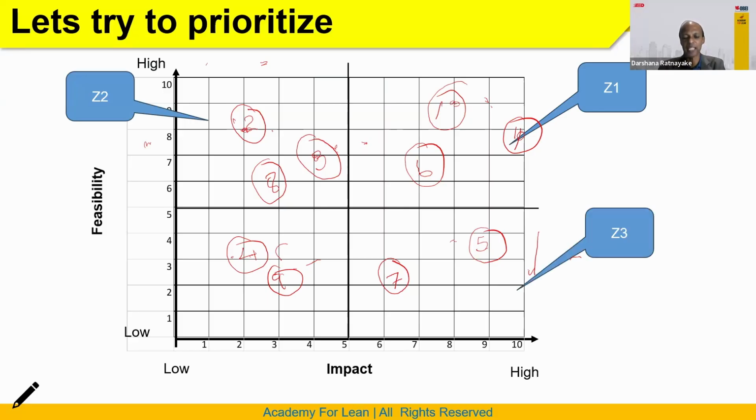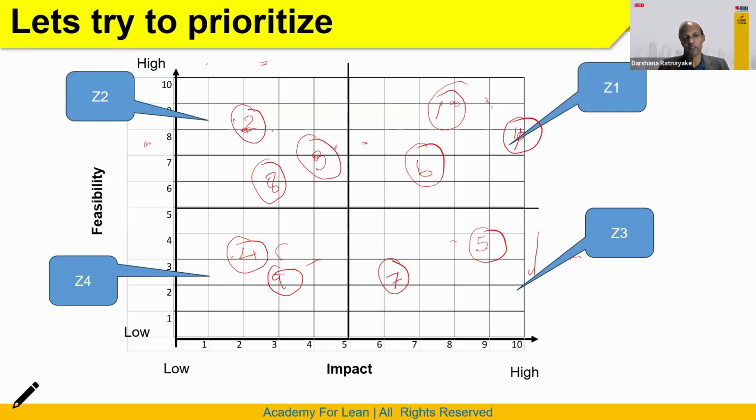Zone 3 is low feasibility, high impact. Zone 4 is low impact, low feasibility. Very difficult to do, and even if done, there's nothing for the company. These are the 4 quadrants, 4 areas, so we call them the 4 zones. We position our projects. Now is your time.